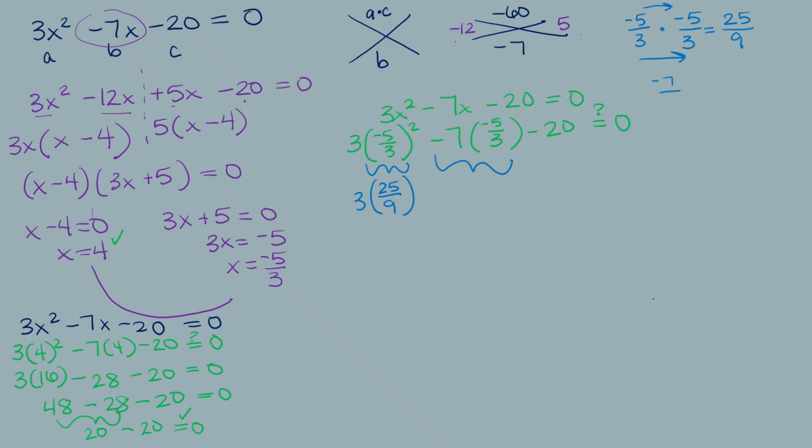It's also easy to write this negative 7 over 1, just so it's in fraction format, and it's a little easier to see the multiplication you're doing, because this negative 7 over 1 is essentially the same thing as negative 7 by itself. So we have negative 7 times negative 5, which is a positive 35, over 1 times 3, which is 3. Because it's positive, now it's plus 35 over 3 minus 20.